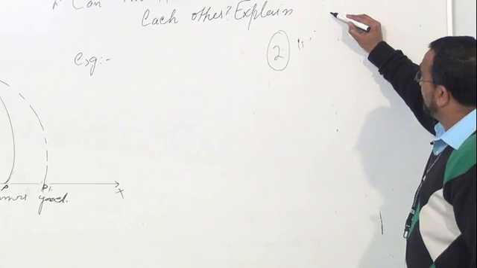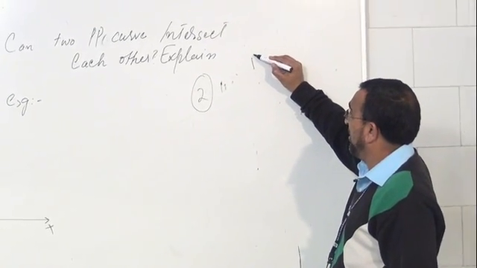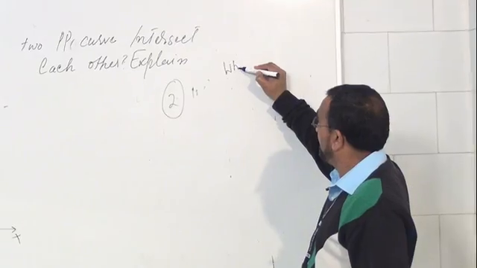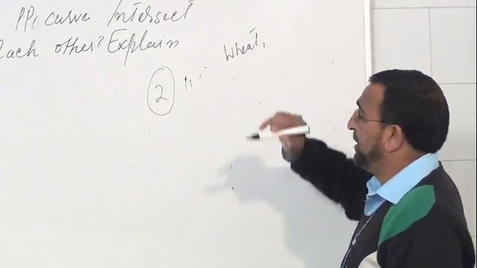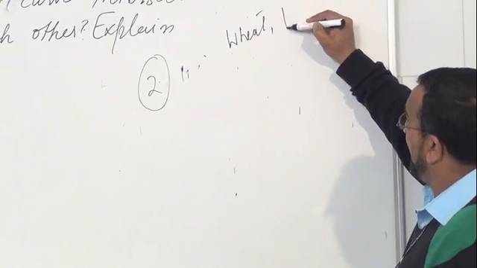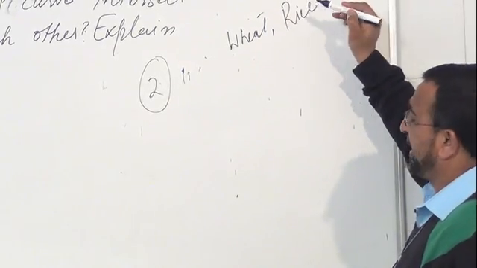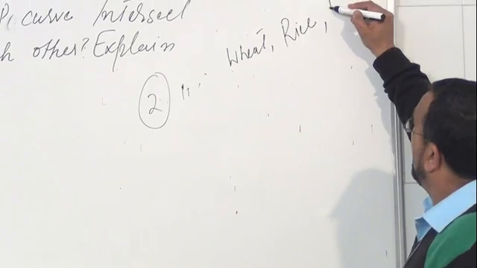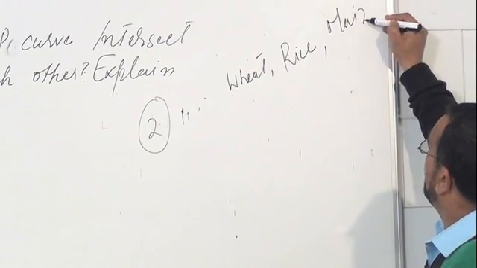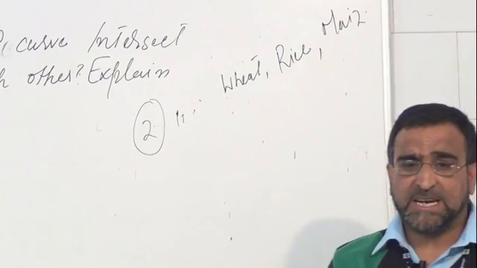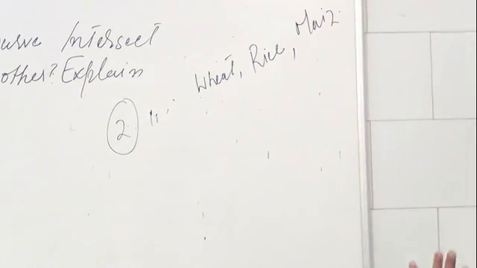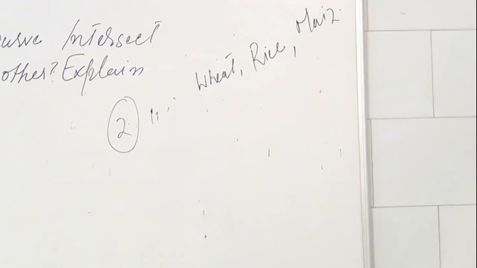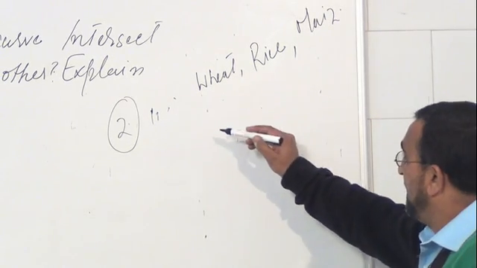Say it can be used to produce wheat. It can be used to produce rice. It can be used to produce maize. These are the 3 things which can be produced on this piece of land.